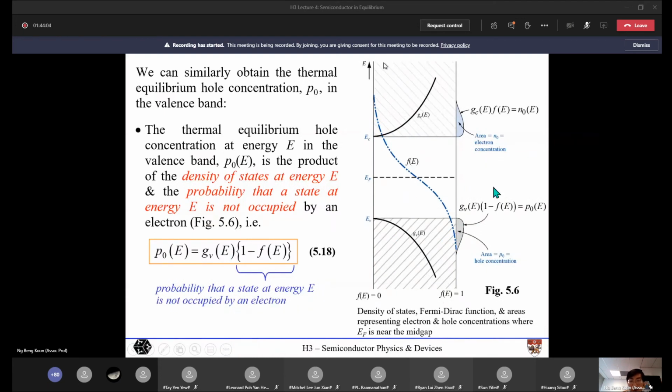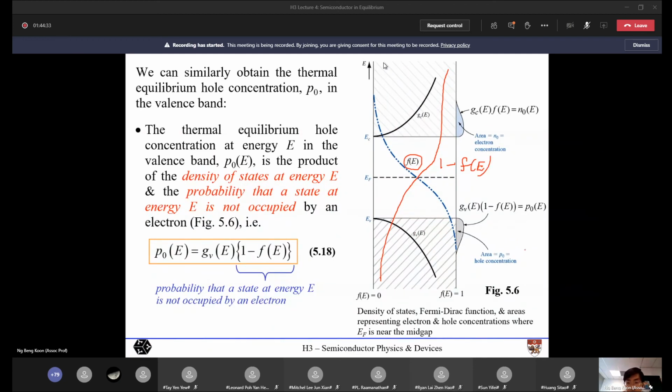If you multiply this, then the curve that you get is similar to the conduction band one. It's still a lump here. The curve that you're multiplying is 1 minus f of E. The blue one that you see is f of E, and if you do 1 minus f of E, you get this red curve.